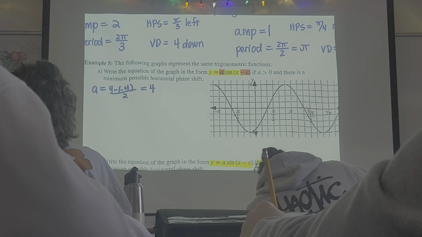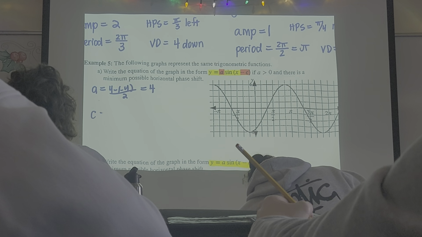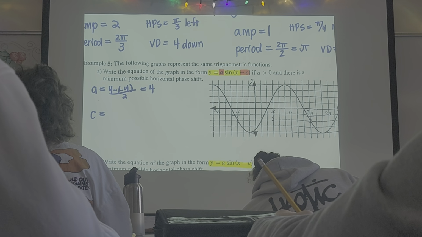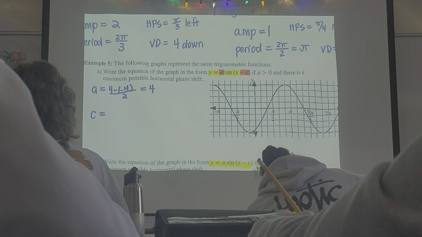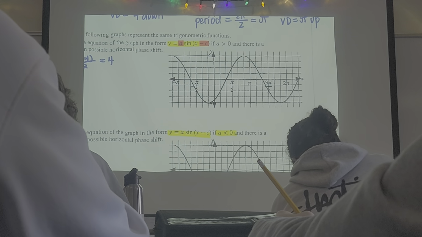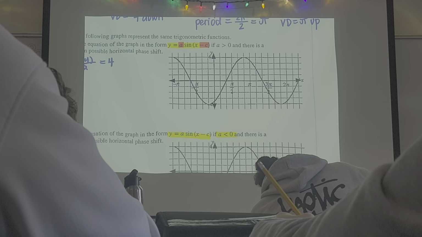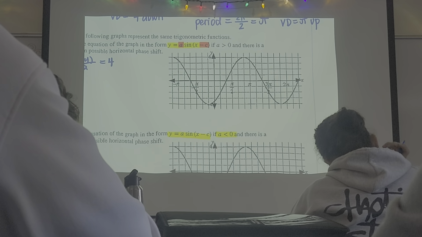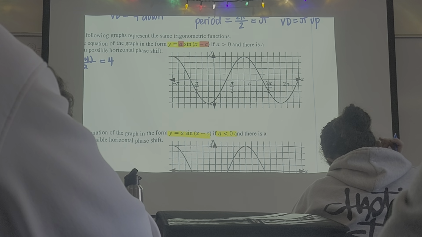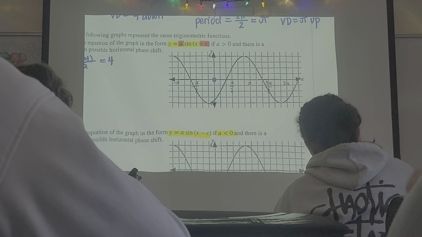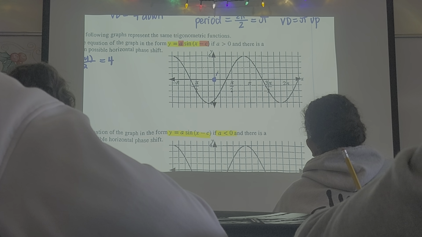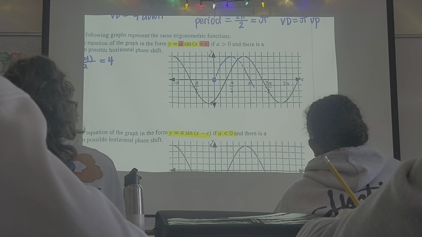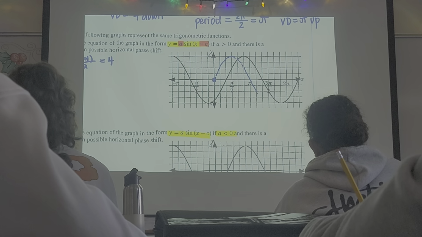Our C value, C is your horizontal phase shift. Whenever we're doing graphs, it helps to picture what the original looks like. The original sine graph always goes through the origin, and then it would start curving up. So our original sine graph would look like that.